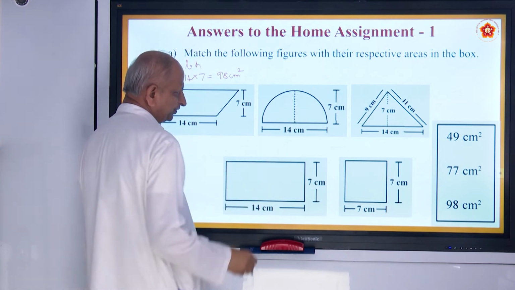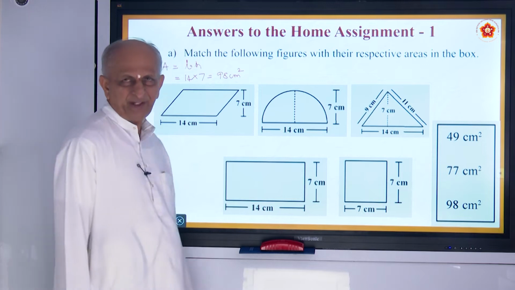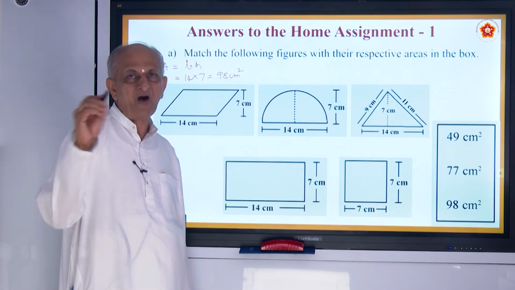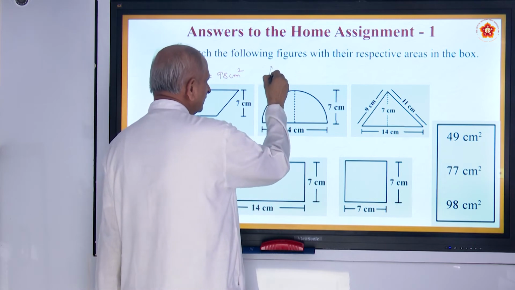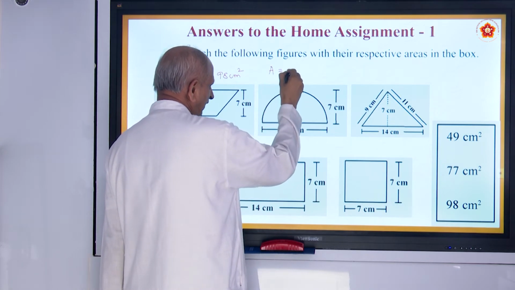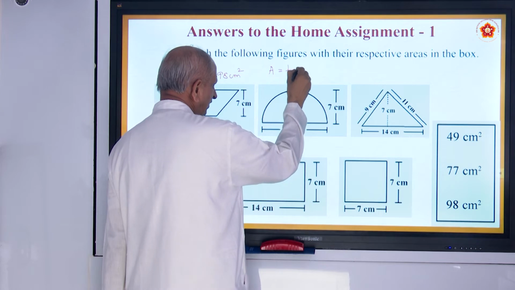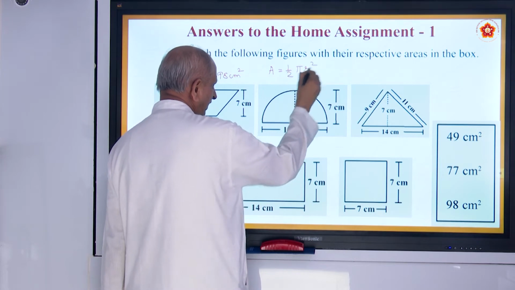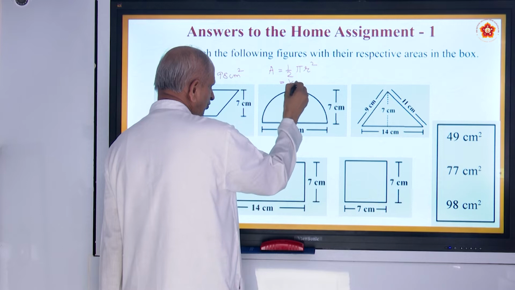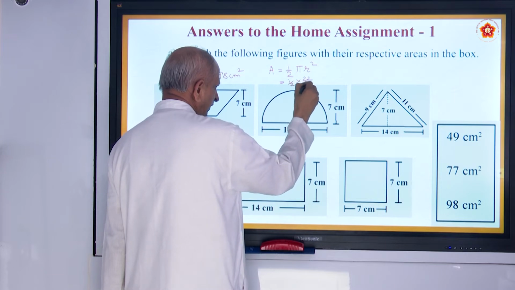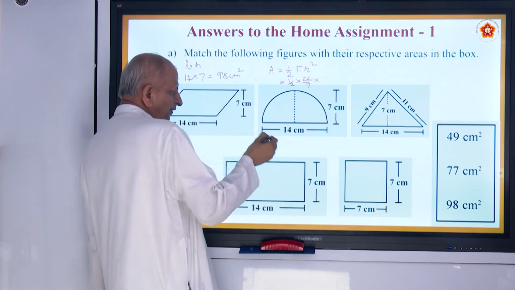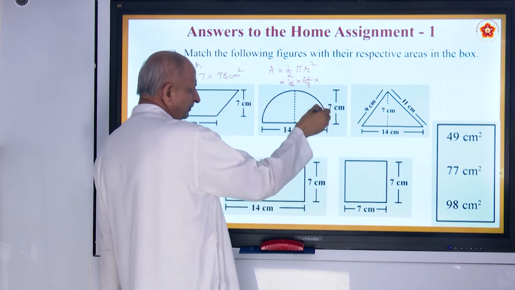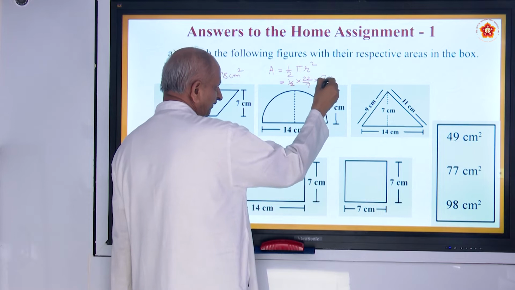And coming to this semicircle. Why is it called a semicircle? Half of the circle. What is the area of the circle? Area of the circle is pi r square. If it is a semicircle, it will be half pi r square, correct? So half into, what is the value of pi? 22 by 7. What is r? Diameter is 14. So radius becomes 7. So 7 into 7.